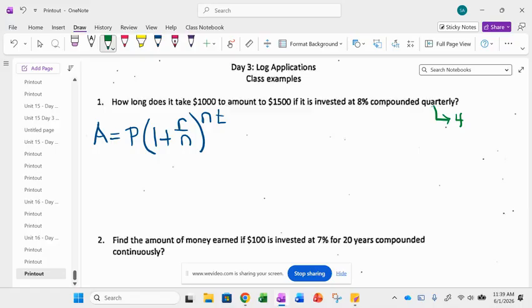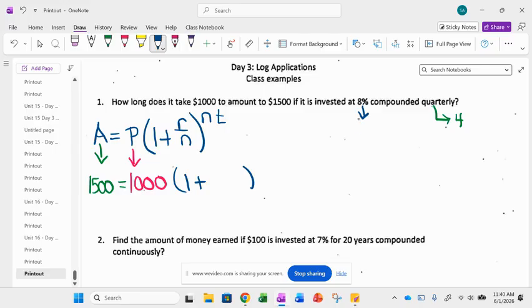How long does it take $1,000? That $1,000 is which variable? P, our initial amount. To amount to $1,500. Well, what is the 1,500? The A. If it is invested at 8% compounded quarterly, so we're going to have 1 plus. Now, do we all agree that it's 8%?